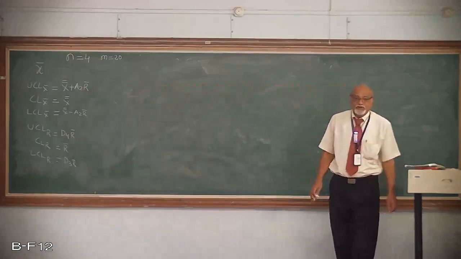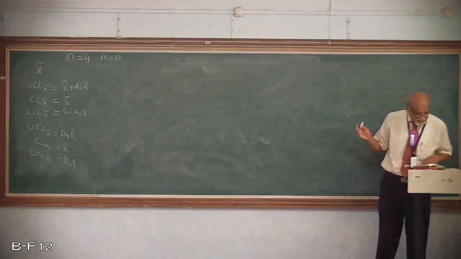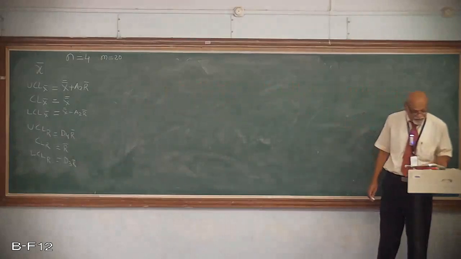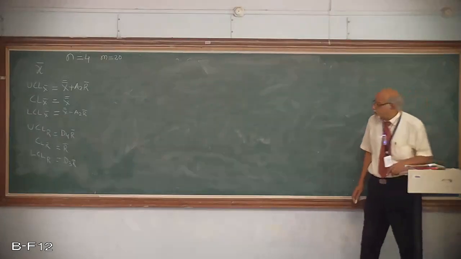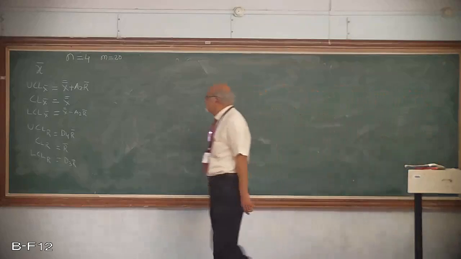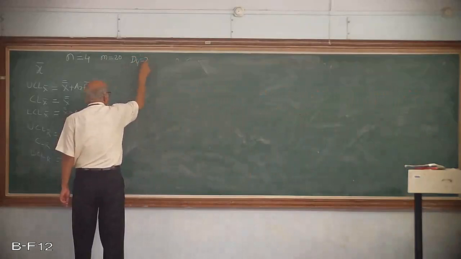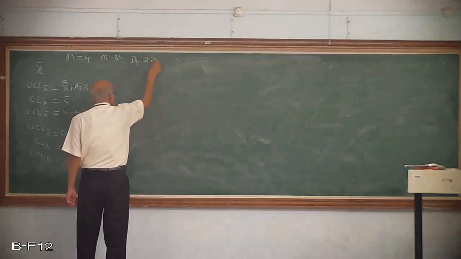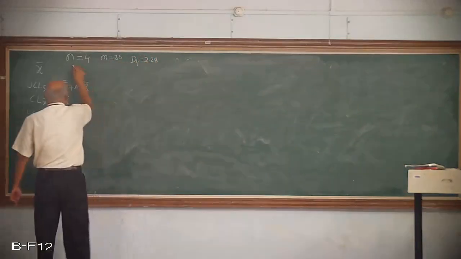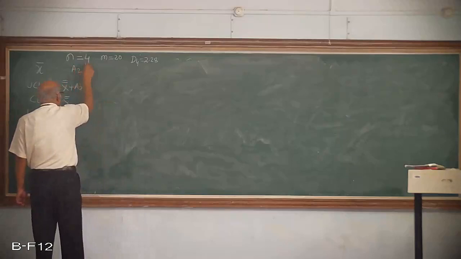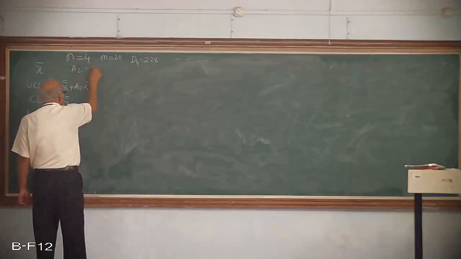D3 is 0, and D4 for sample size 4 is 2.28. A2 for sample size 4 is given as 0.73.